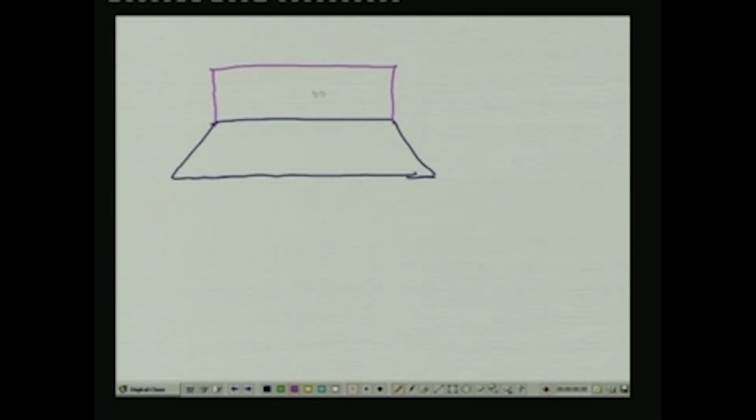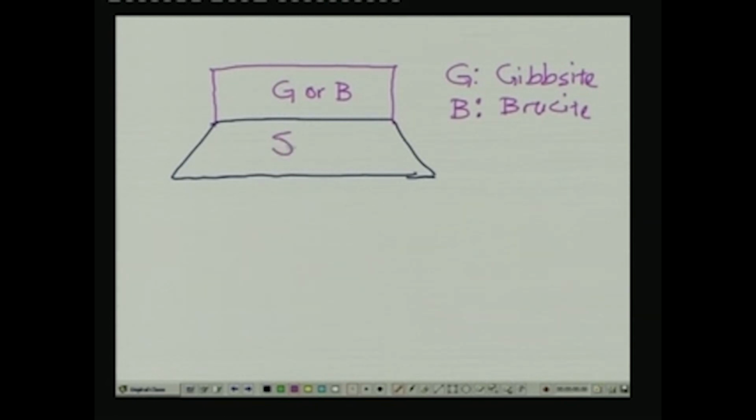So this is actually gibbsite or brucite. G is gibbsite, and the symbol B I used here is for brucite, whereas this one here is silica.